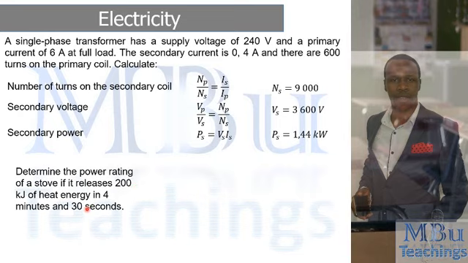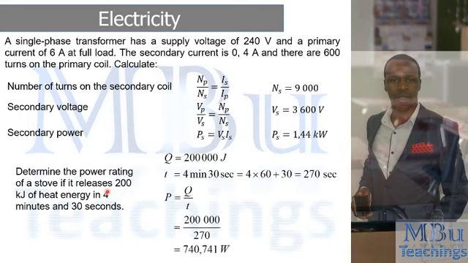Then let's see, they are asking us to find the power. So what's the formula for power? Obviously power is energy over time. So we'll just divide these two. We just need to change this into seconds only, not minutes and seconds.